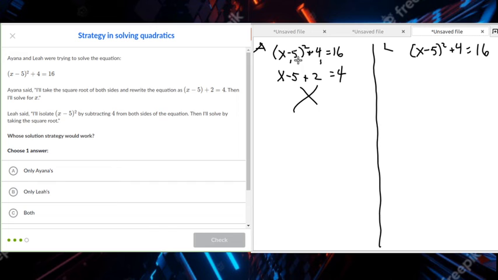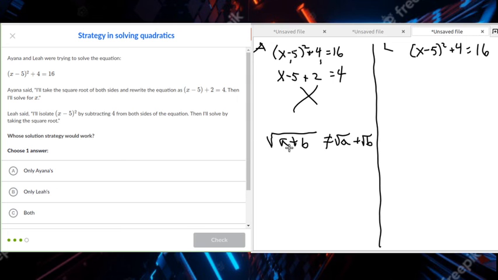Okay. So the square root of a plus b does not equal the square root of a plus the square root of b. That's not going to work, except in some strange situations.